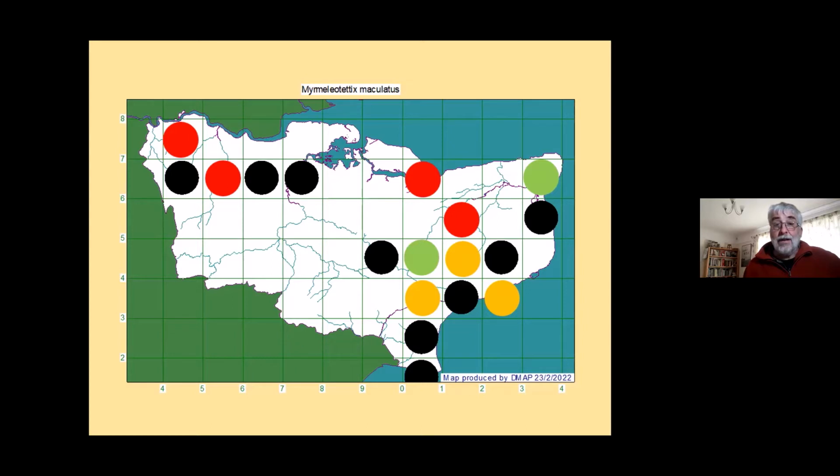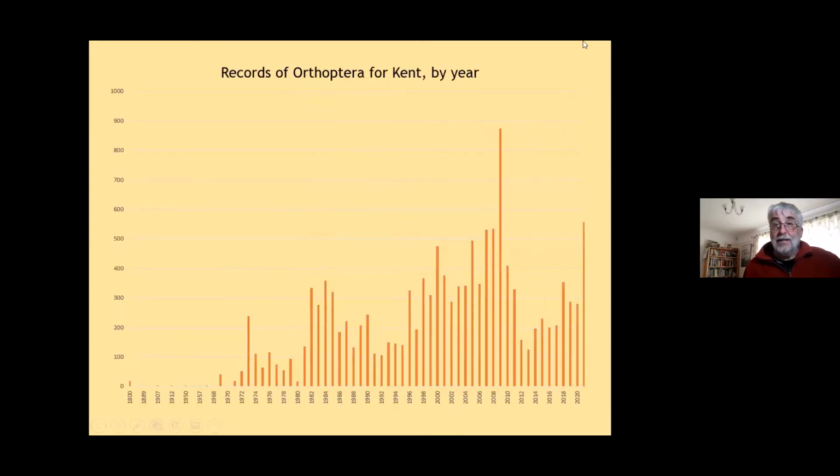So I started having a poke around the data, and one thing I wanted to look at was what records I had and how many records I had. It's 13,139 records for Orthoptera at the moment, although there are a few duplicates in there.